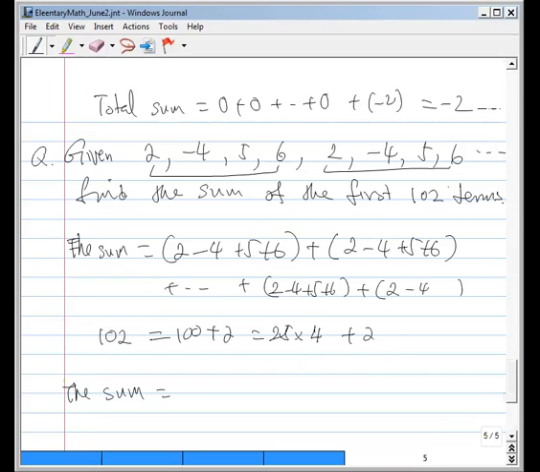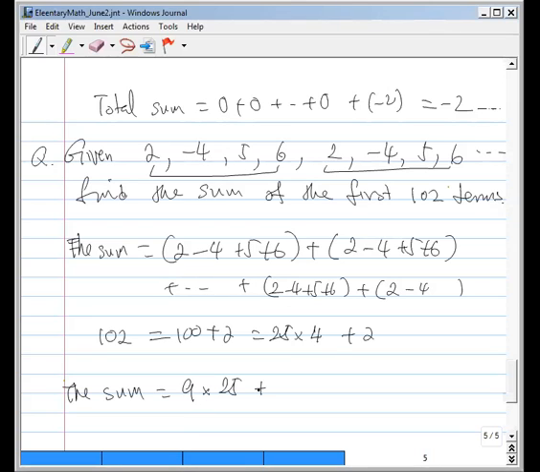in each block. The value will be, okay, what is that, right? So -2 plus 5 is 3, 3 plus 6 is 9, okay? So it's 9, but there are 25 blocks there.